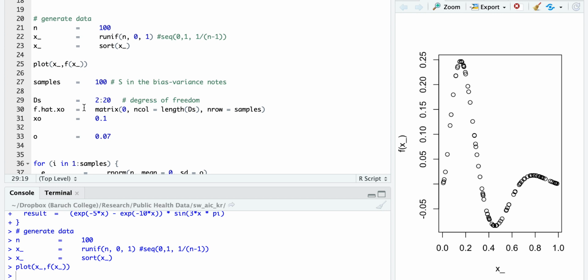And we create this matrix f hat x0, which has this many columns and this many rows. And then x0 is an arbitrary point. I just pick it as 0.1. You could put anything. And this is the noise standard deviation.